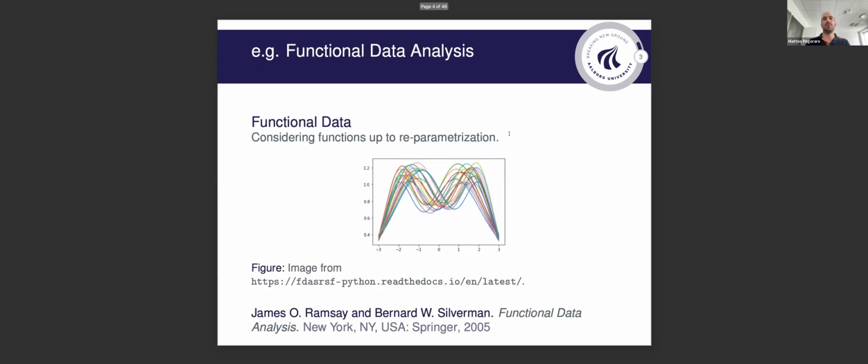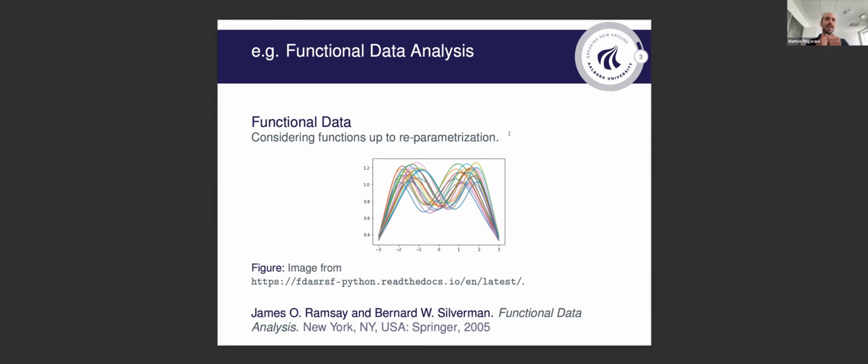A very simple example: we can consider some functional data. There are situations, and maybe I'll give more details about that at the end of the presentation, in which we are given some functional data set, so some set of functions, and we cannot just compare them with some pointwise metrics, embedding them in some Lp space.